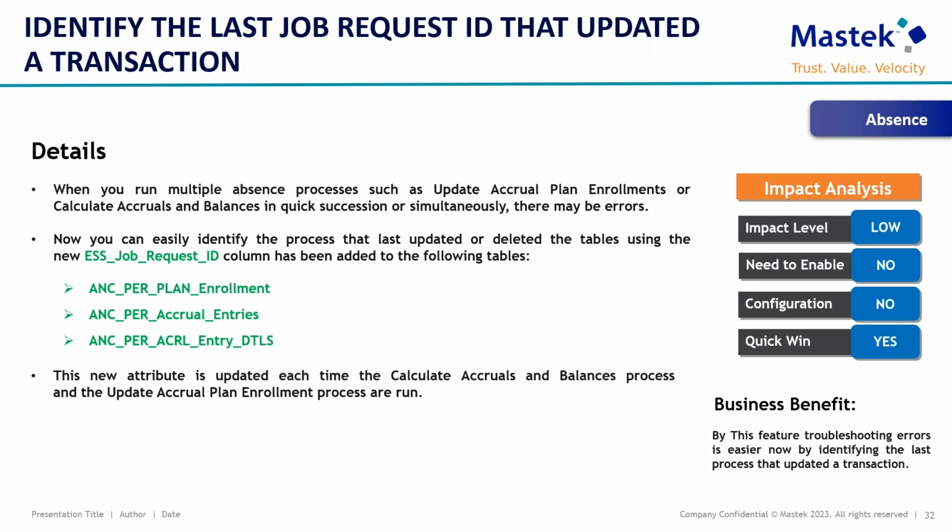Lots of times you run the accrual enrollment process and calculate accruals and balances simultaneously or in quick succession, and sometimes you are not able to identify which process threw the error for this one employee. By using this ID, you will be able to quickly identify which process gave the error for that employee, and based on that, you will be able to act on the transactions of the employee and resolve the error quickly.